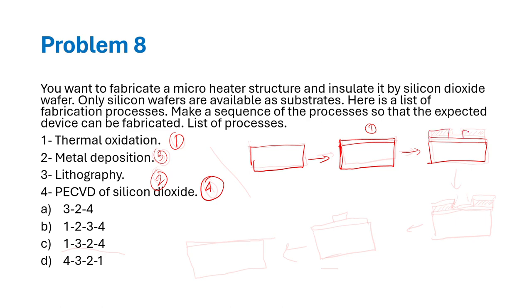So we have a thermal oxide, then we will coat photoresist, and then we'll develop it so that we'll have a pattern. This photoresist will not be hard baked, which means it will be soluble. If you put it in solvents, it will get dissolved. Then we will go for metal deposition.